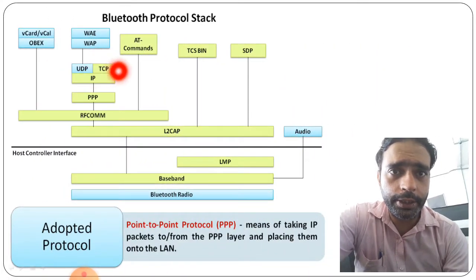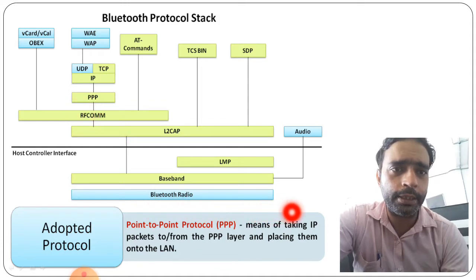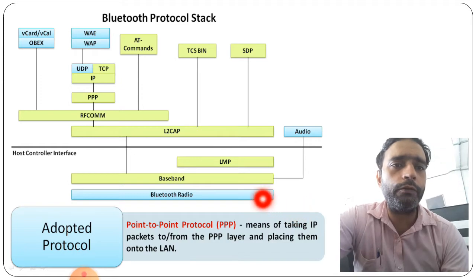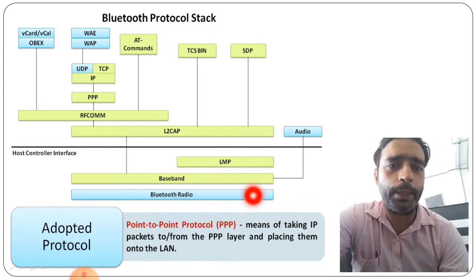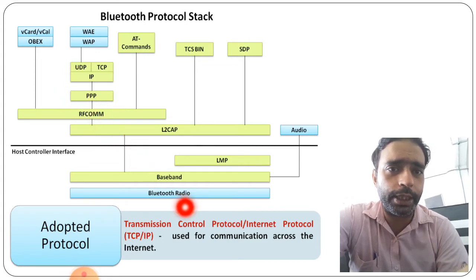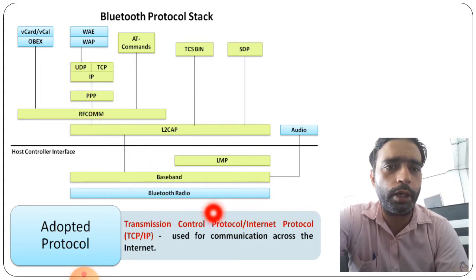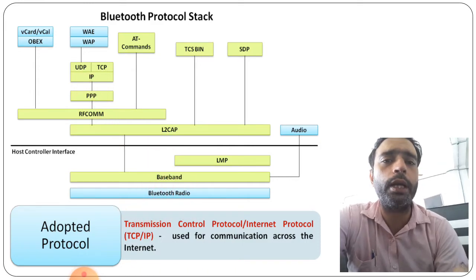Now here we see TCP/IP or PPP, the point-to-point protocol, which takes IP packets to and from the PPP layer and places them onto the LAN. TCP/IP is the transmission control protocol and internet protocol, used for communication across the internet.